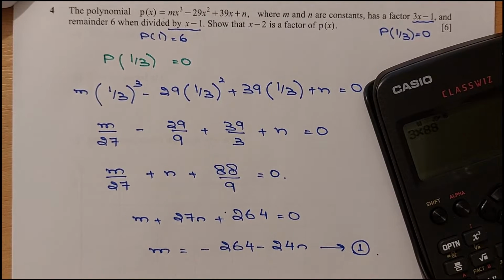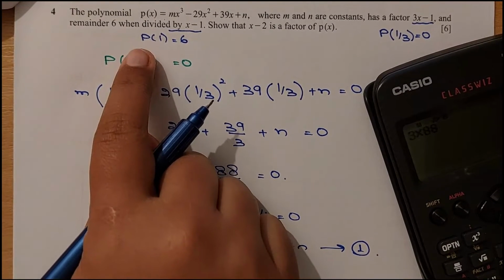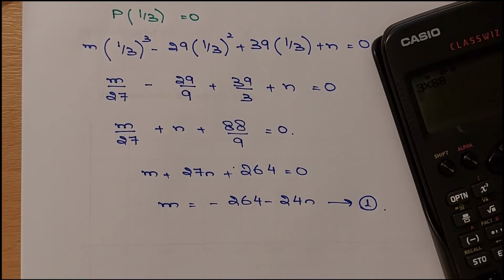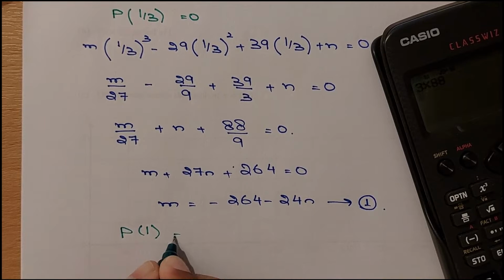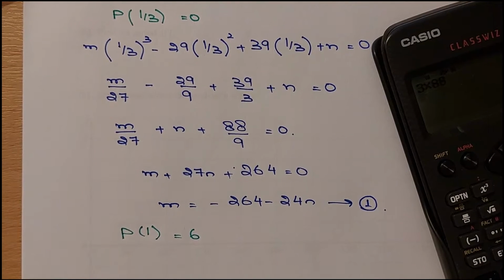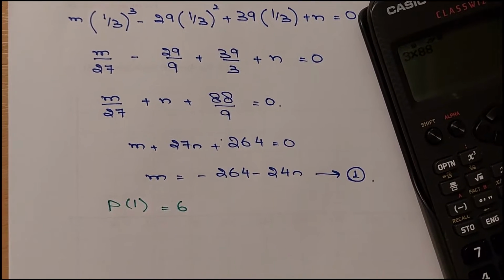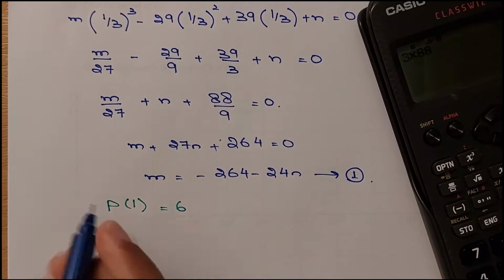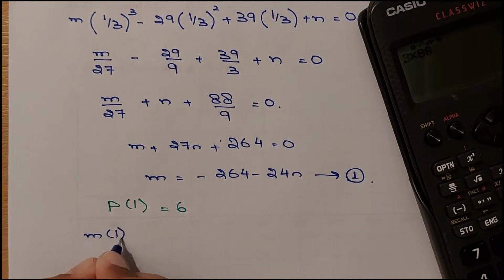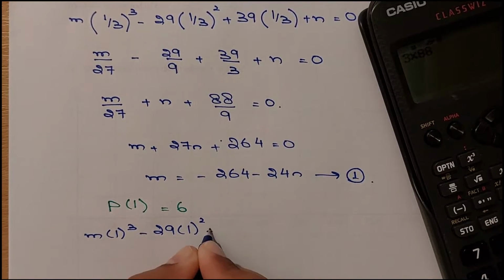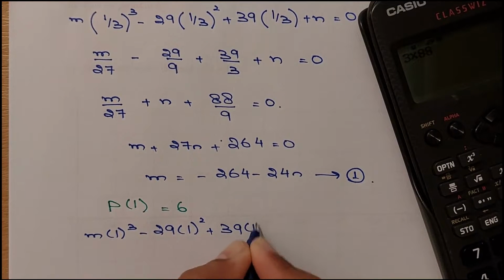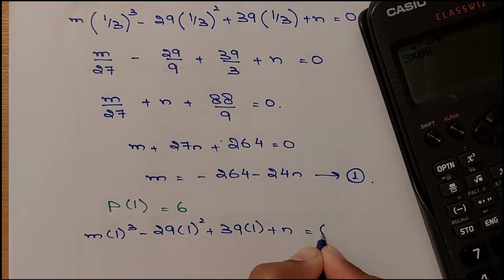Now using the second piece of information, we have p of 1 equals 6. So just substitute the variable x equals 1 here. We have m times 1 cubed minus 29 times 1 squared plus 39 times 1 plus n equals 6.